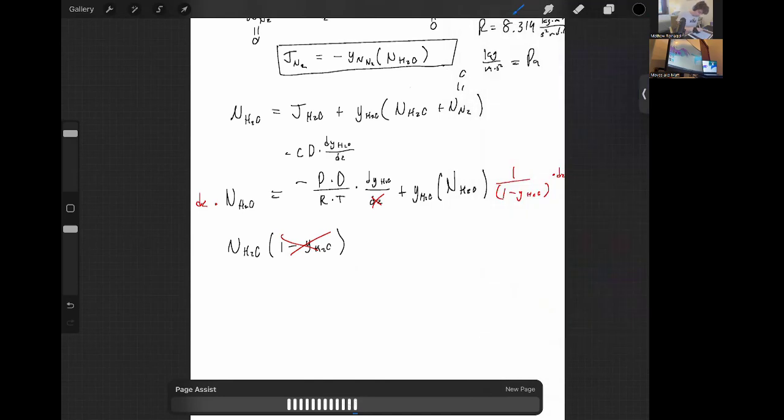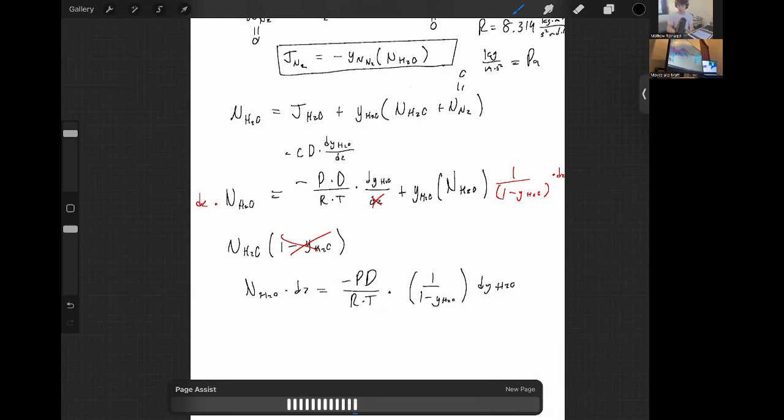So we should have an equation that looks like the net mole flux of H2O multiplied by the change of distance equals negative pressure, diffusivity, gas constant, temperature, multiplied by 1 over 1 minus the mole fraction of H2O, multiplied by the change of mole fraction of H2O.